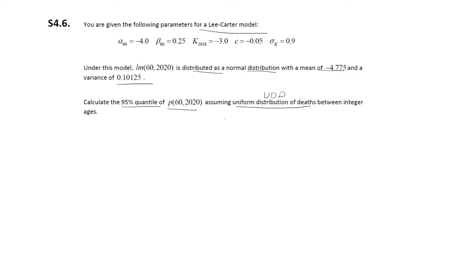So the first thing we should do is use this formula. Typically this is the formula that's used for probability of death for UDD. So in order to make this the probability of survival, we're going to do 1 minus this.